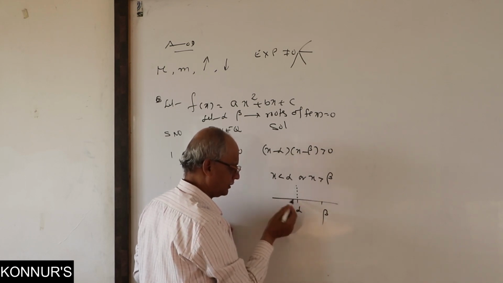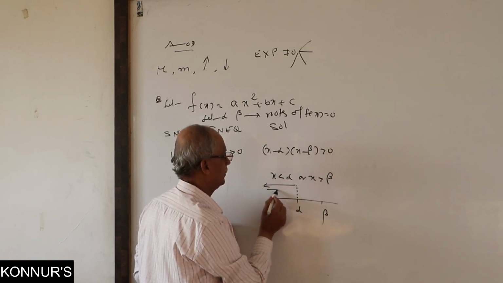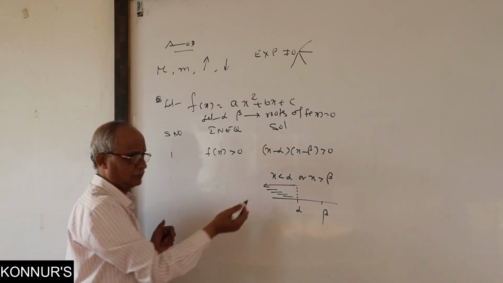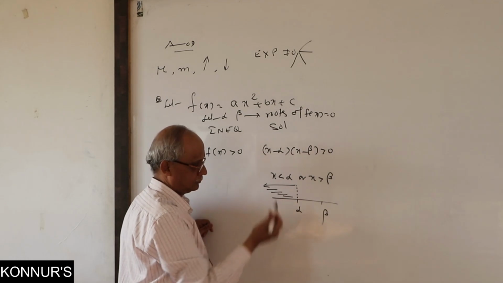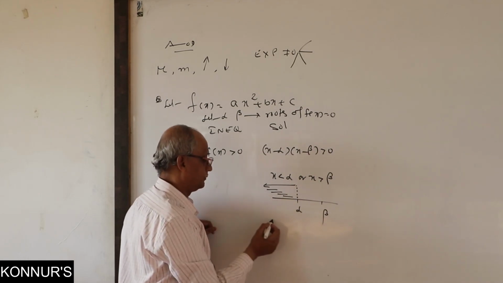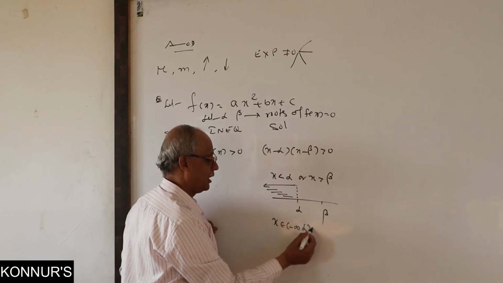Before alpha, dotted line, alpha not included. This entire region before alpha, how many points are there? So many. How far can we go? Minus infinity. Therefore, x belongs to minus infinity to alpha, union.